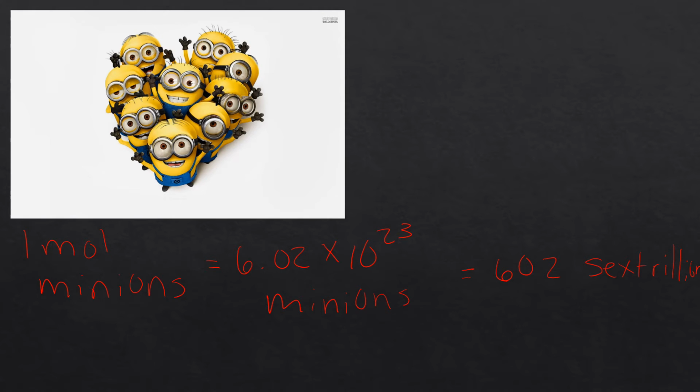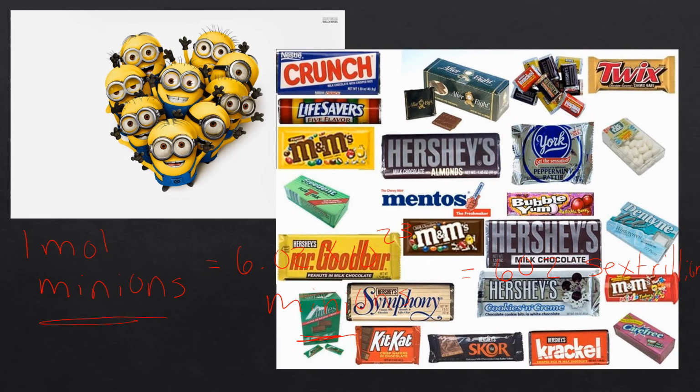But we say 6.02 times 10 to the 23rd because it's a lot easier. Or we can also say 1 mole, because 1 dozen would be 12 minions, and 1 mole of minions would be 6.02 times 10 to the 23rd. Same thing with candy bars. 1 mole of candy bars would be 6.02 times 10 to the 23rd candy bars.